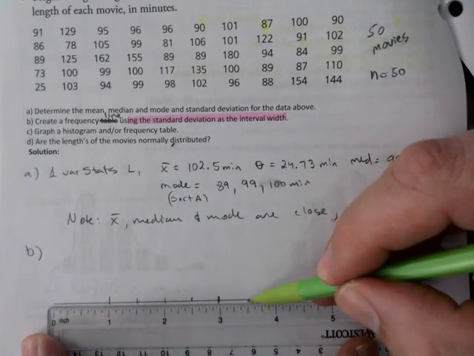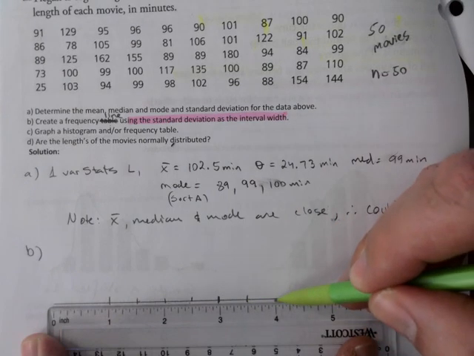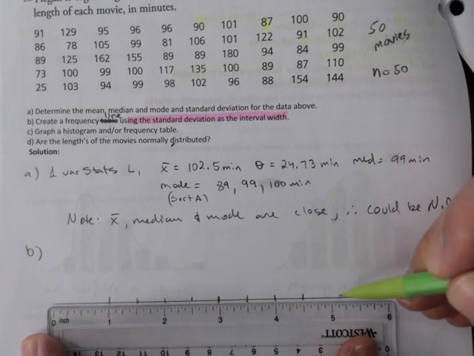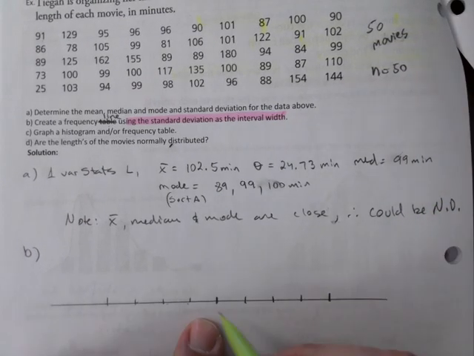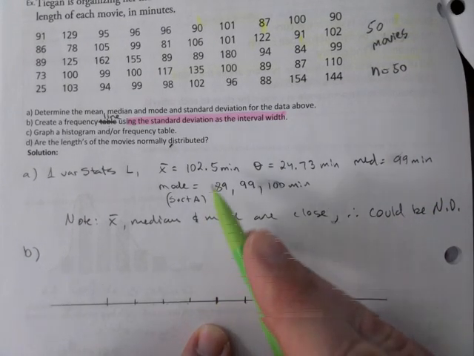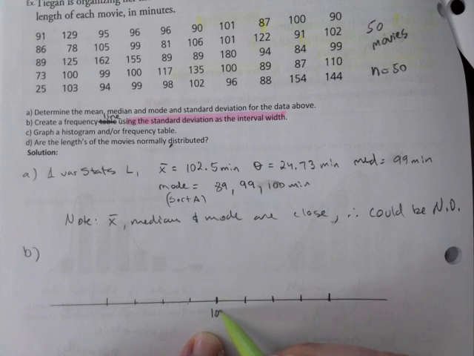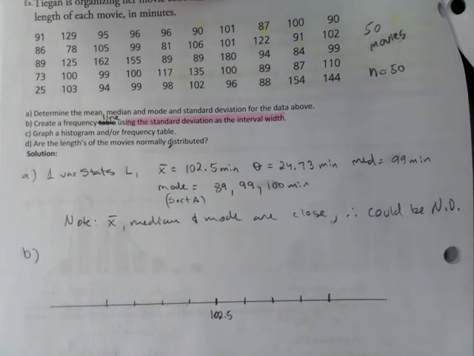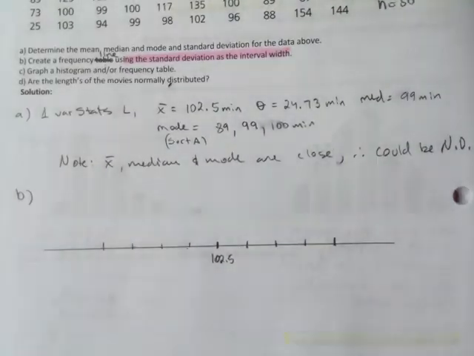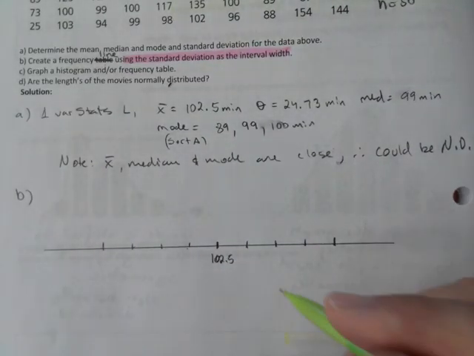And then you do the same thing going to the right. 1, 2, 3, 4. The mean goes in the middle. So the 102.5 goes here. This is not a line plot. You don't need to be too fancy on this one.